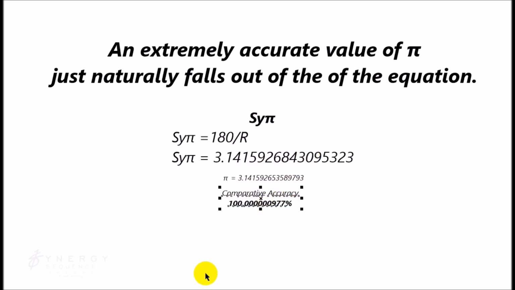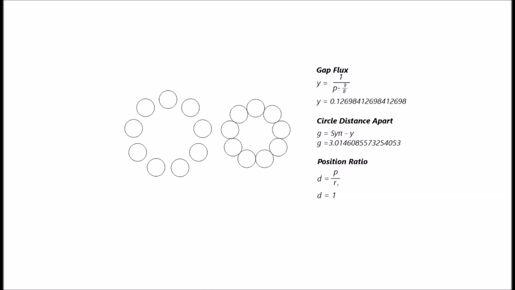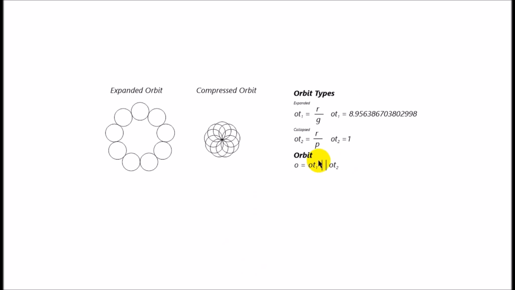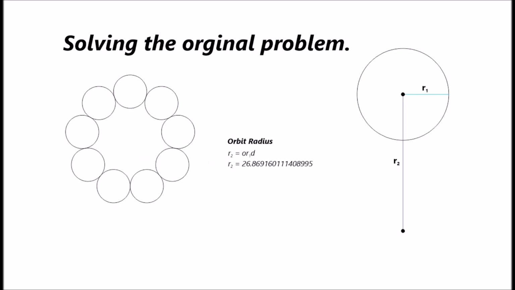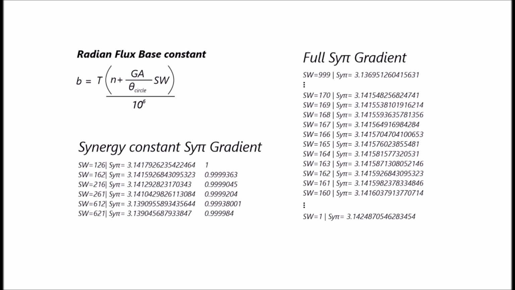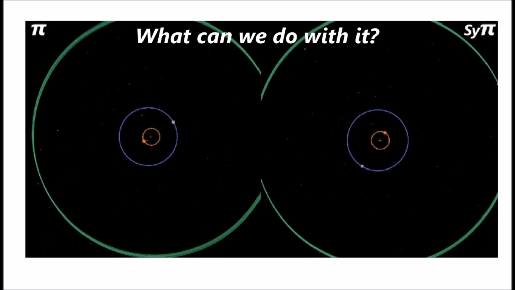The accuracy is remarkable. We fixed our problem and controlled the gap, and we also mysteriously found 2 different orbits, one compressed and one expanded. We solved the original problem for R2, and then we found the full SciPy gradient using the synergy whole number constant.